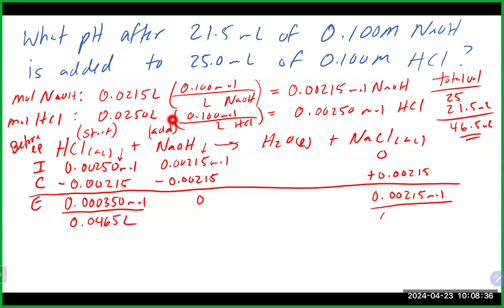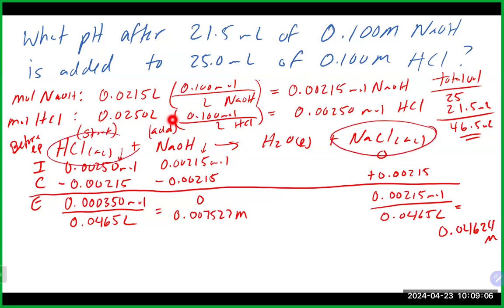That gives us 0.007527 molar. And over here on the other side, dividing by 0.0465 gives us 0.04624 molar.